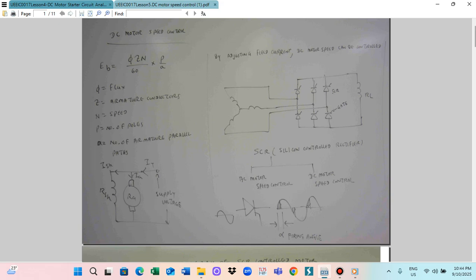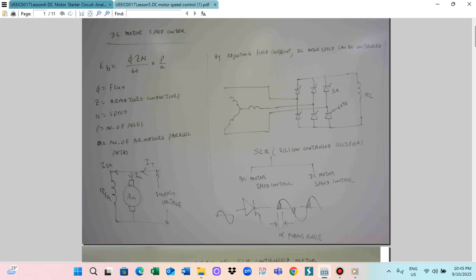The AC is a 3-phase AC, and this 3-phase AC is changed to DC by the SCR. This is usually the SCR bridge. We need 6 SCRs together, connected like this.